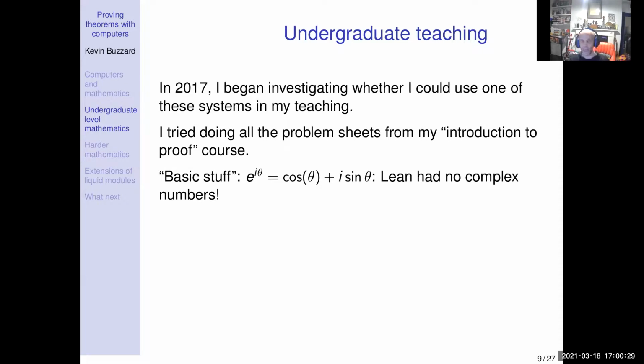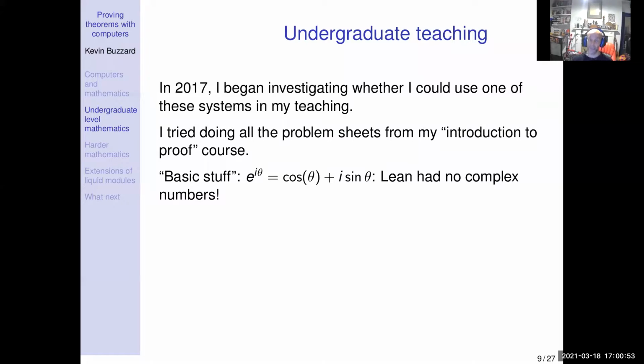Just because it looks familiar to the undergraduates, unfortunately, it doesn't mean it's easy for the system, because the system doesn't know anything about power series, or complex variables, and this involves a lot of stuff.